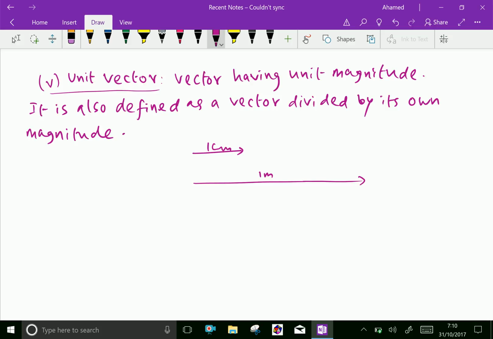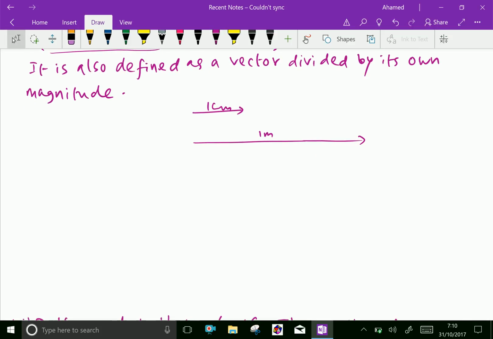This is called a unit vector. Suppose a big vector is a, and we mark equal spaces of 1 unit, say in meters: 1 meter, 2 meter, 3 meter, 4 meter, 5 meter, like that. So each unit has a unit vector.